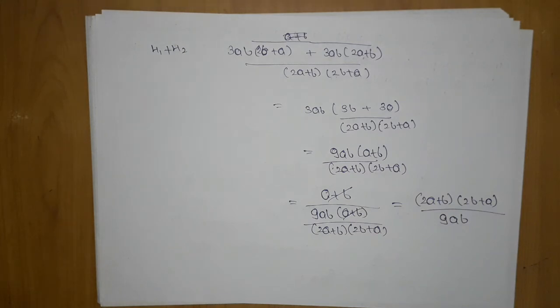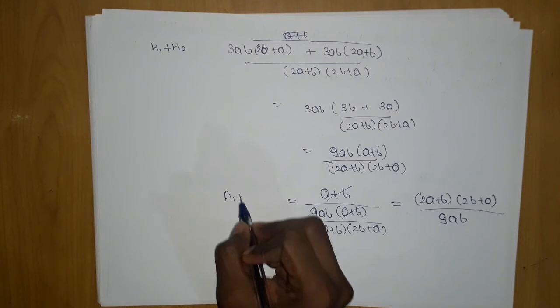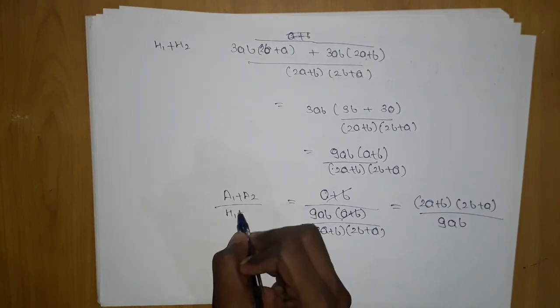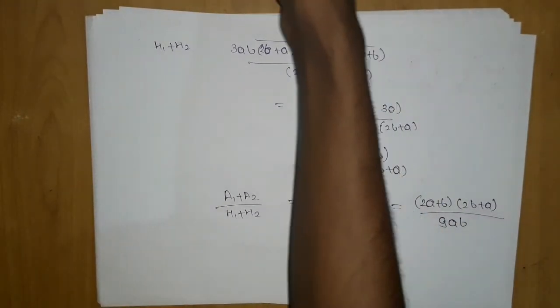So both of these are equal. So we have proved that A1 upon A2 and H1 plus H2 are also equal. We are done with this question.